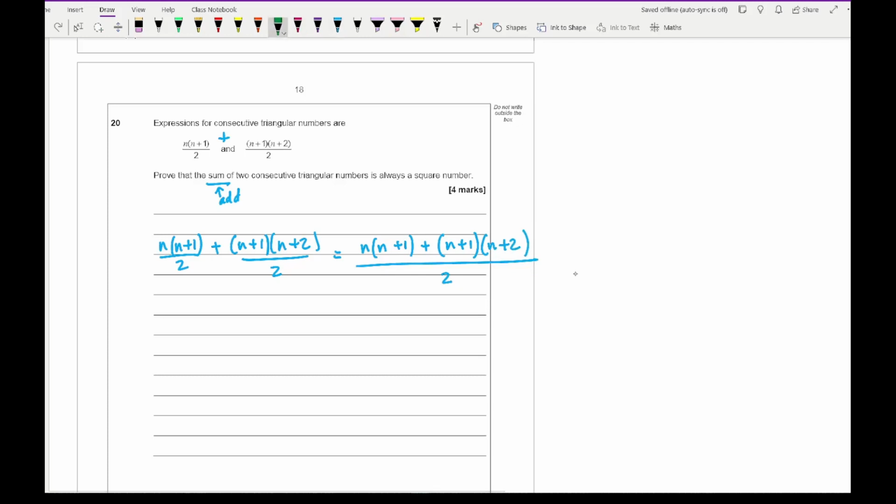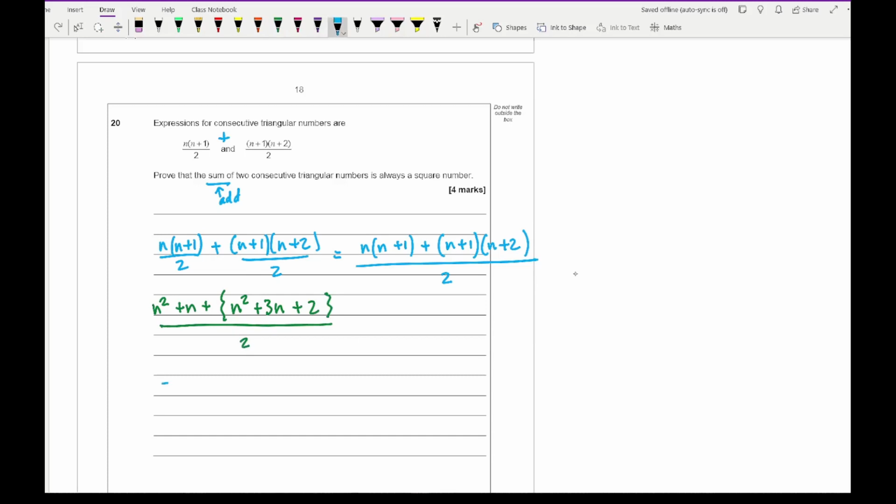Now if I expand the numerator, I'm going to go with n squared plus n plus, and then expanding this quadratic, I get n squared plus 3n plus 2 all over 2.